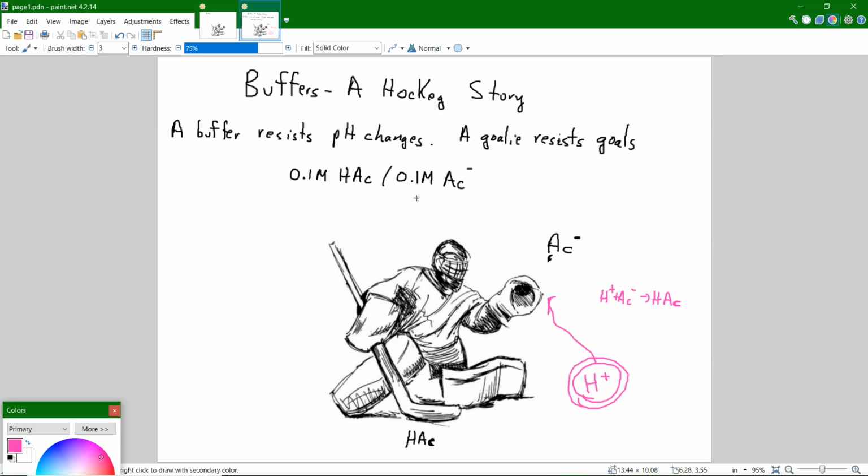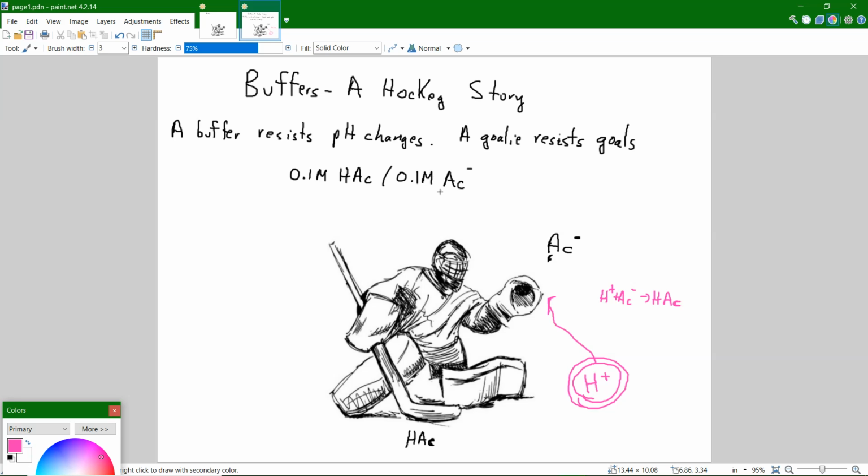It has to have a large capacity to absorb the incoming acids. If you start with 0.00001 molar, then you just sneeze once. If you had some vinegar on your fries, so you're sneezing in some H+, and that ain't good. Your buffer's done. So you need a big glove in hockey, just like you need a big concentration for your acetate.